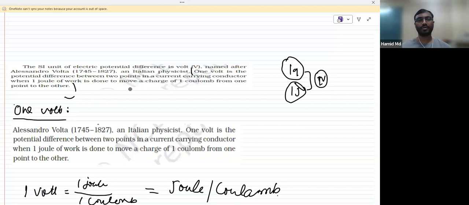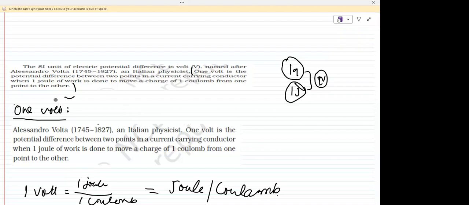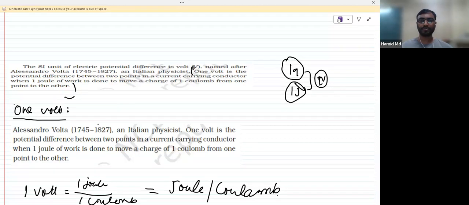What is 1 volt? Okay, Madhya, will you note it down? Definition of 1 volt.